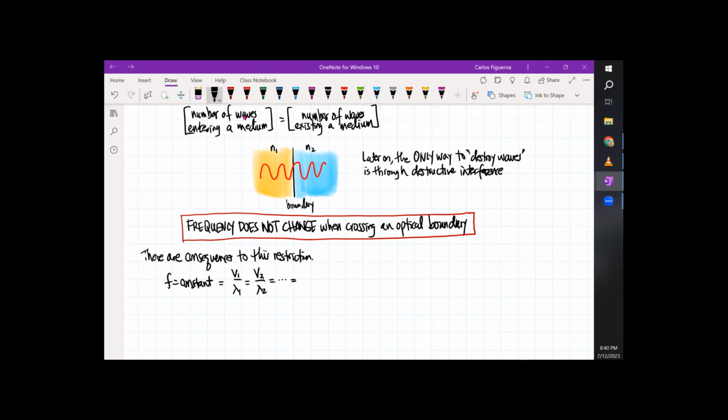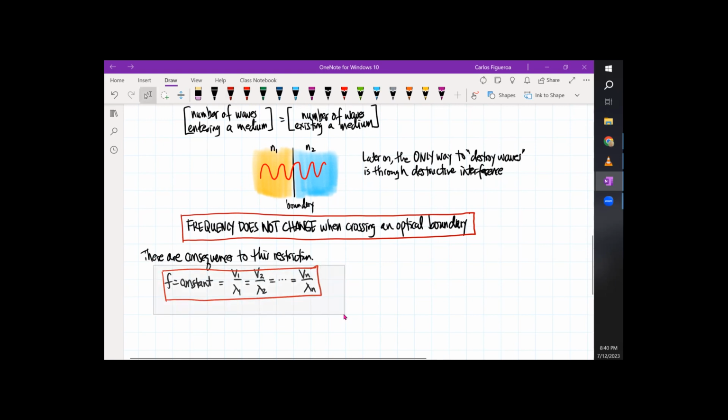This is the consequence of conservation of energy.